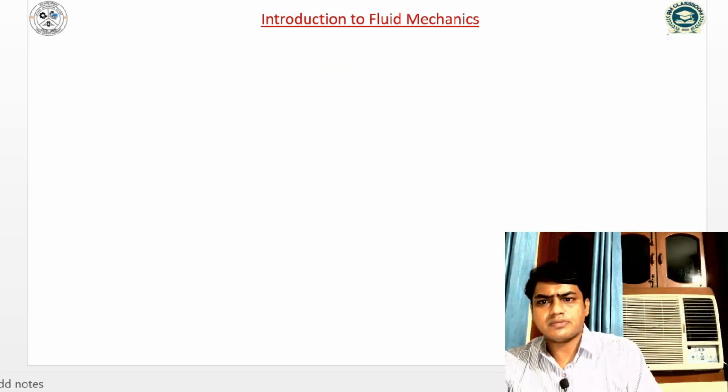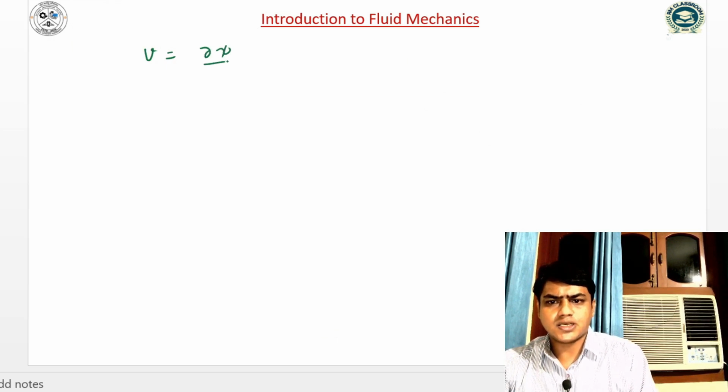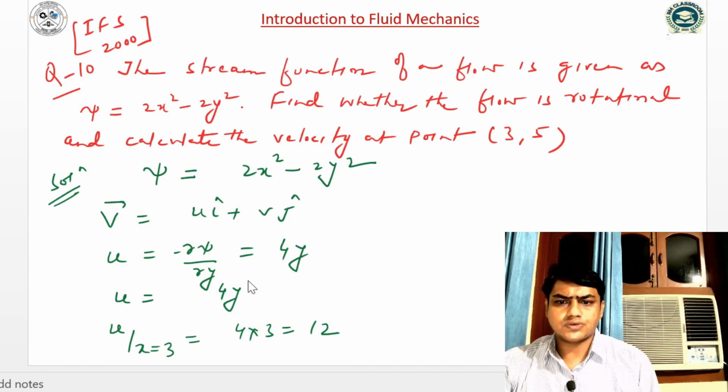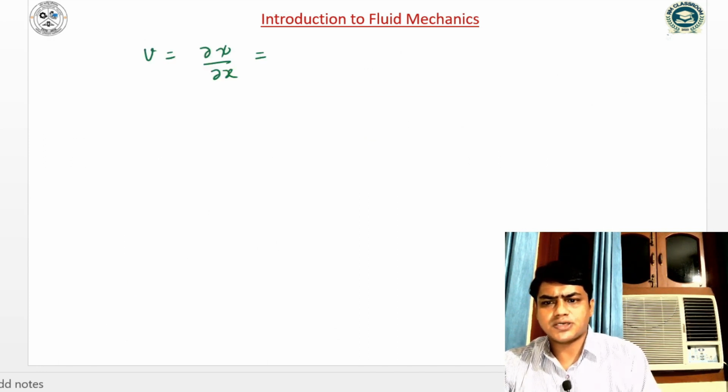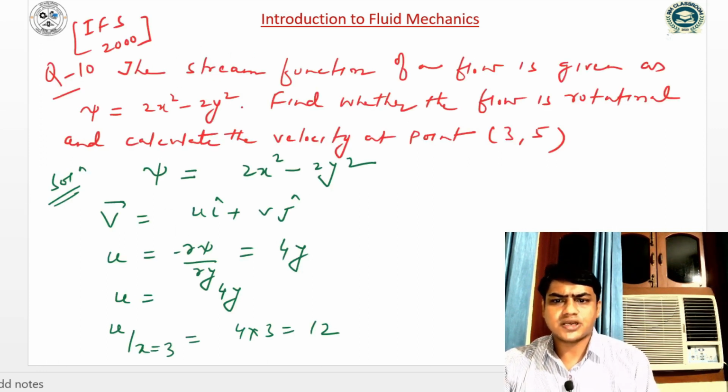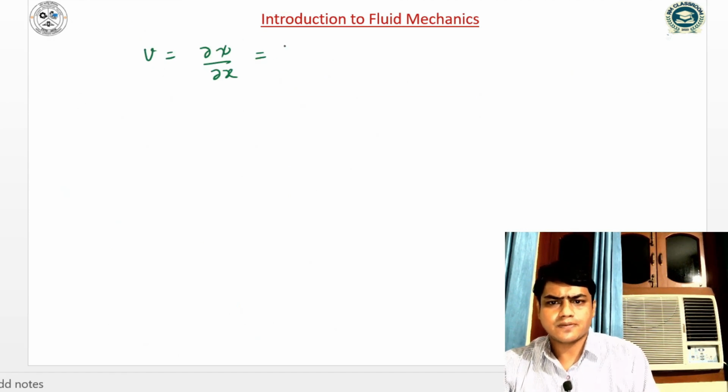Similarly, the y component can be written as v is equal to del psi by del x. u is equal to del psi by del y and v is equal to del psi by del x. So del psi by del x is 4x.